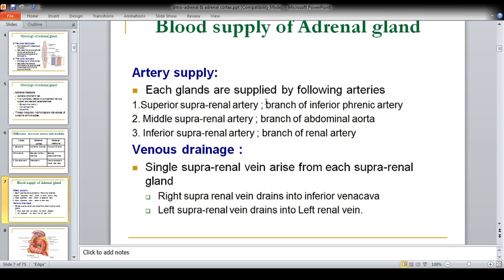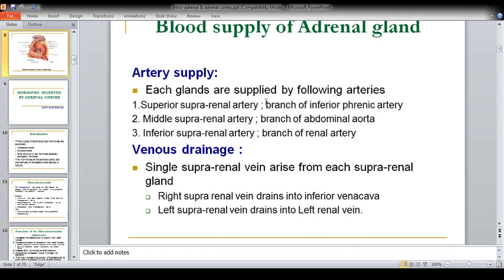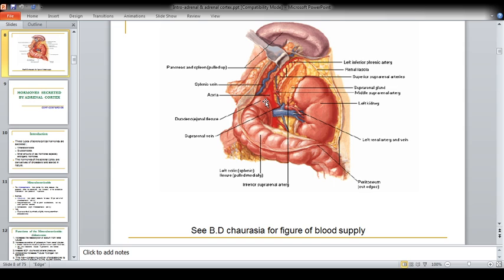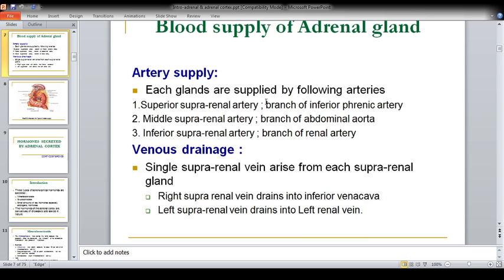If we look at the blood supply of the adrenal gland, each gland is supplied by the following arteries. The superior suprarenal artery, which is a branch of the inferior phrenic artery. The middle suprarenal artery, which is a branch of the abdominal aorta, and the inferior suprarenal artery, which is a branch of the renal artery.